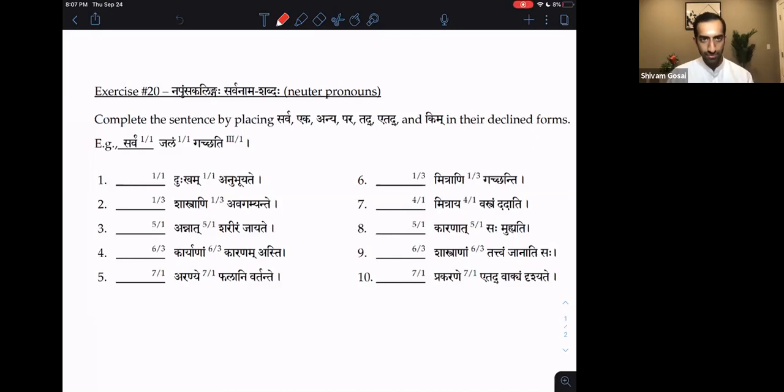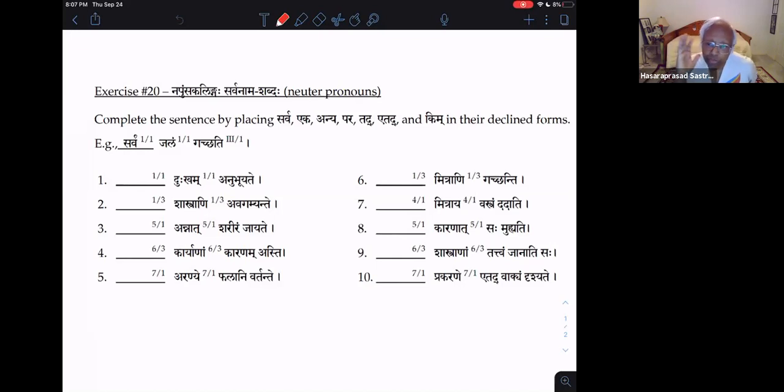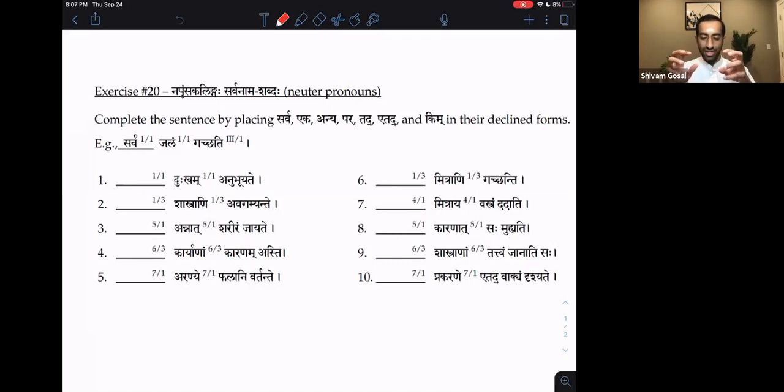Kim in Napumsakalinga, is it referring only to neuter things? If you see the word, there's Kim, which is the pratipadika. This Kim pratipadika can be in all three genders.